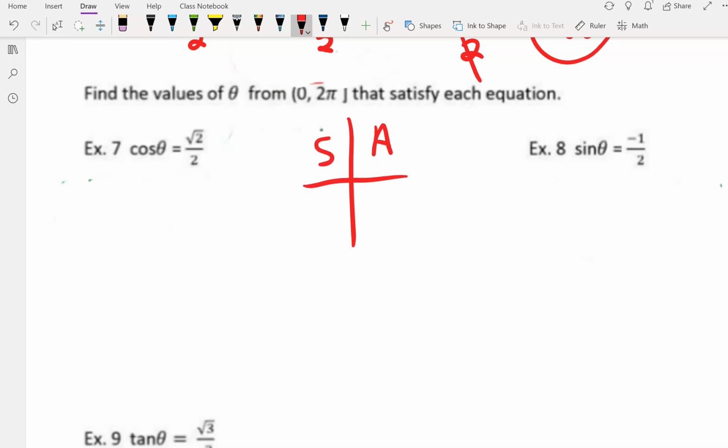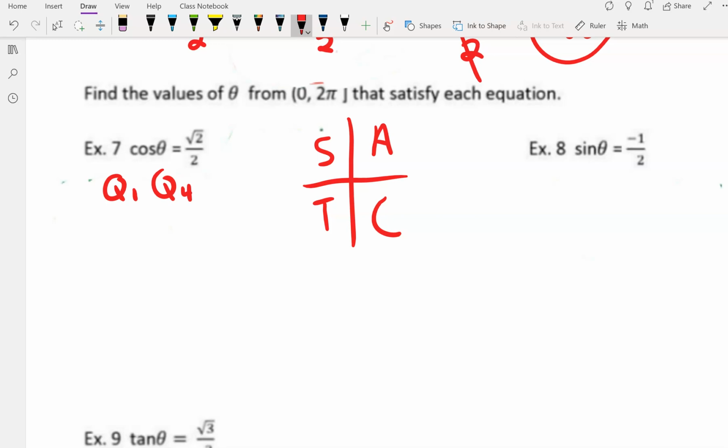So cosine is positive in quadrant 1, because they're all positive in quadrant 1, and also in quadrant 4, because it says so in my little a smart trig class.